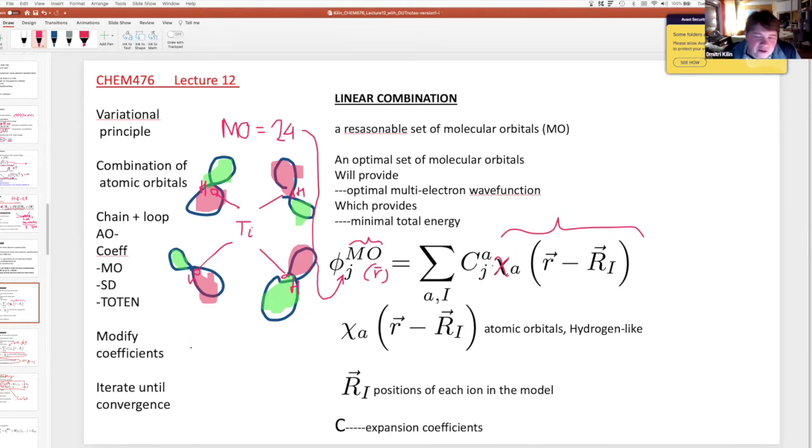Molecular or atomic? Electron, I guess. Yes, we are speaking about electron wave functions, but now on this slide we are speaking about two types of wave functions or orbitals, molecular or atomic.